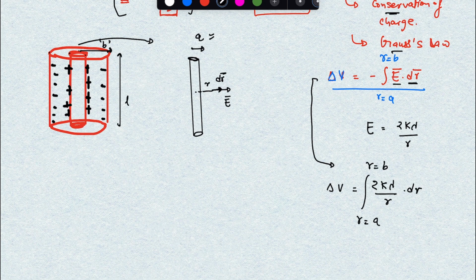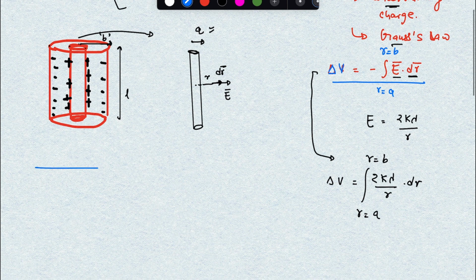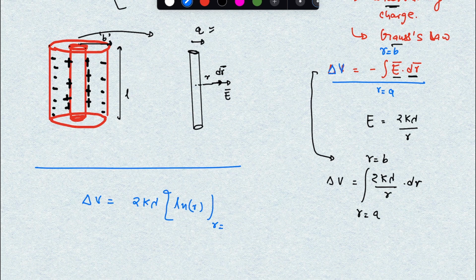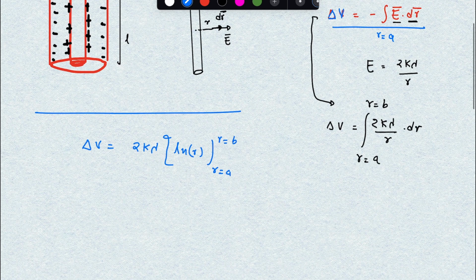So delta V is equal to 2k lambda, which is just a constant, so let us take it out, and the integration of 1 by r is ln r, from r equals a to r equals b.